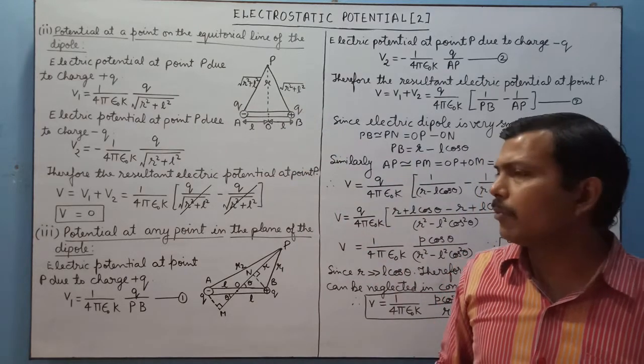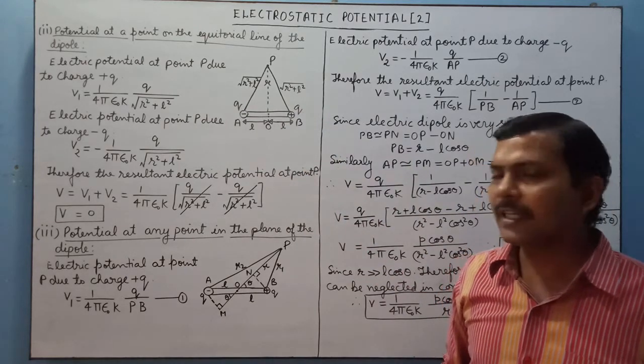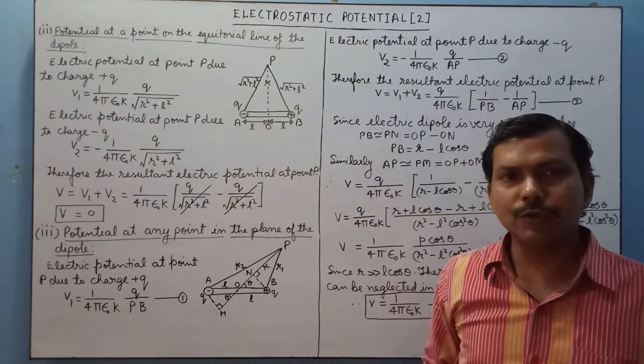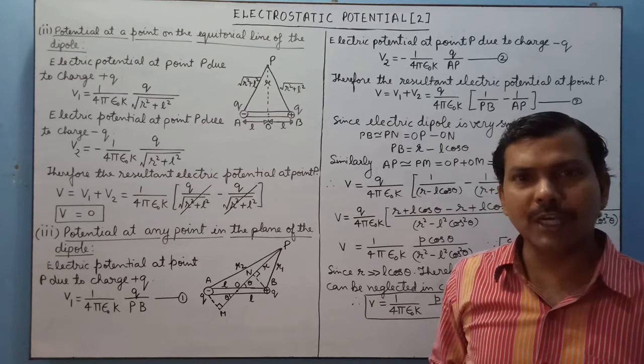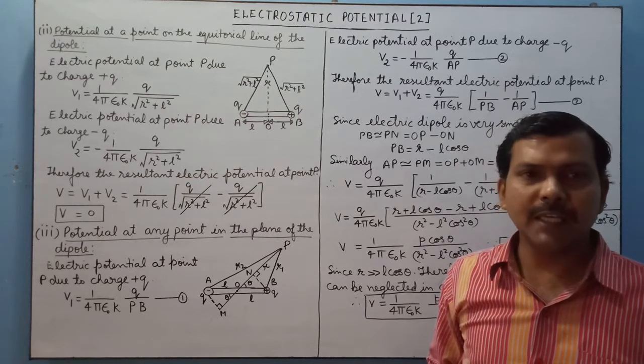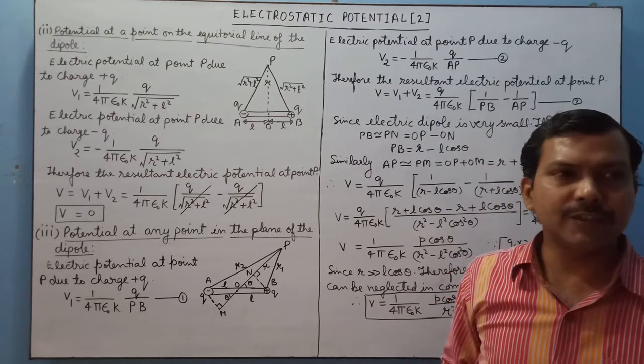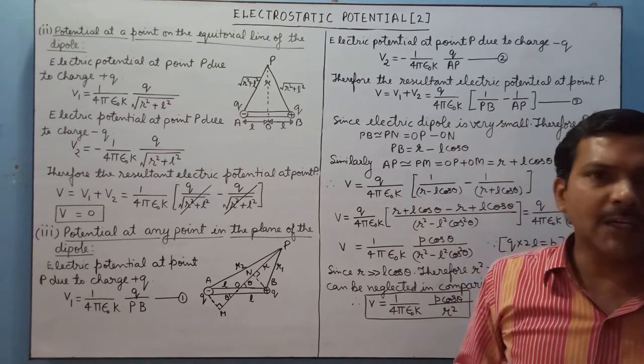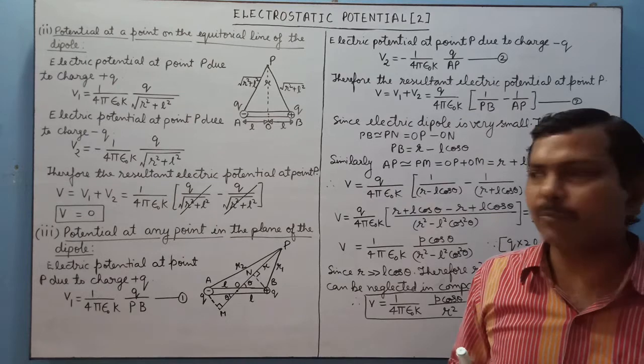Now if the point is situated neither in the axial position nor in the equatorial position, but in some other position, that is, in any general position, then how will we determine the electric potential due to a dipole?